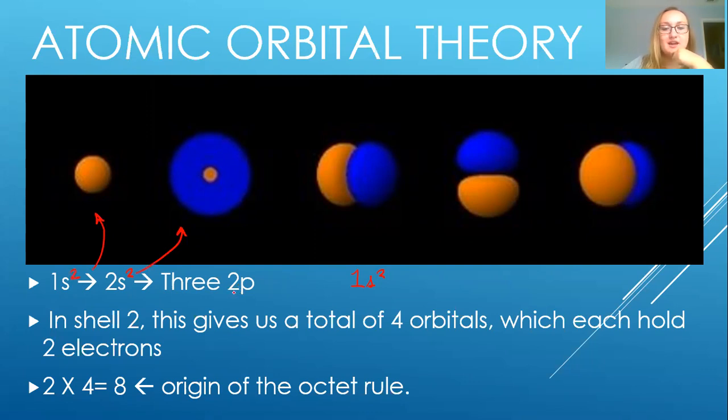And because they're in the second energy level, it's 2p. P orbitals have this kind of dumbbell looking shape. So in this shell, this gives us a total of 4 orbitals, which each hold 2 electrons. So 2 times 4 is 8. This is the atomic origin of the octet rule.